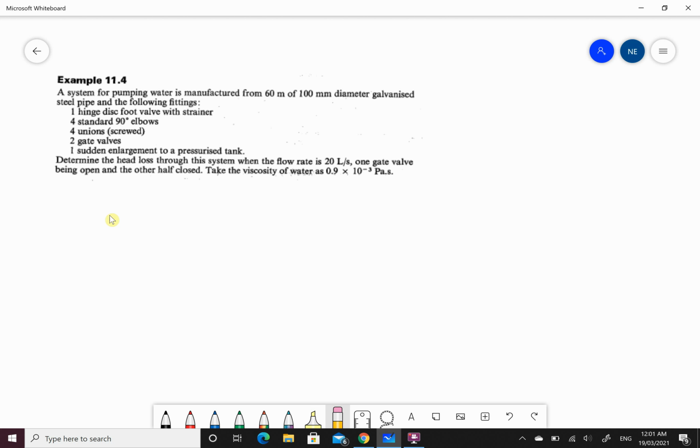So let's go through. First thing I need to do, I'm given Q. That's Q. This here is the viscosity, that's written in there, which is nice. All of these here, K. This here, looking for friction loss.